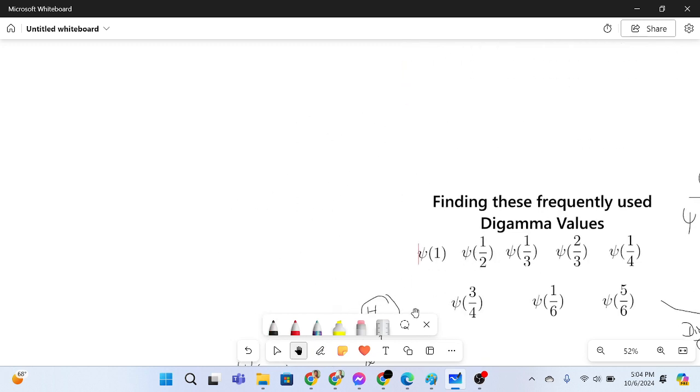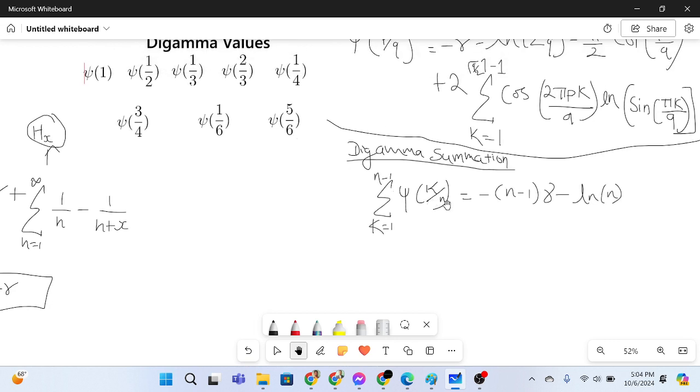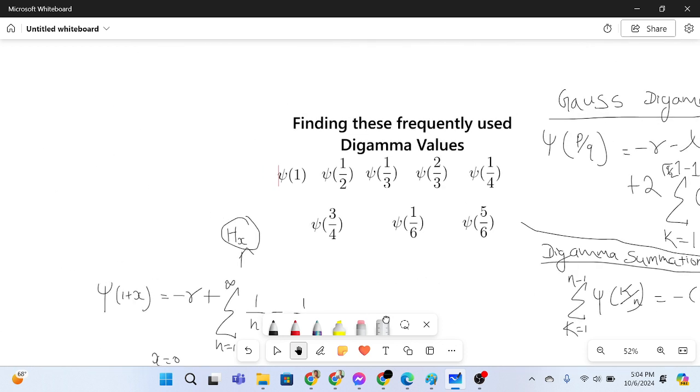Now for the others, to find Digamma of 1 by 2, what we can do is substitute n as 2 in that sum formula. The sum will go from k equals 1 to 1 of Digamma of k by 2.